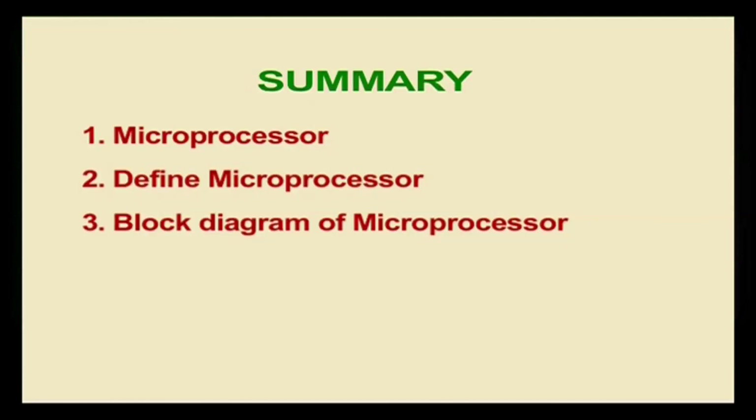It is mass produced, and because of technological advancement, although it is very powerful, it is available at a very cheap price. Then we saw the formal definition of the microprocessor, what is meant by instruction set, what is meant by programming, and finally the block diagram of a microprocessor based system.